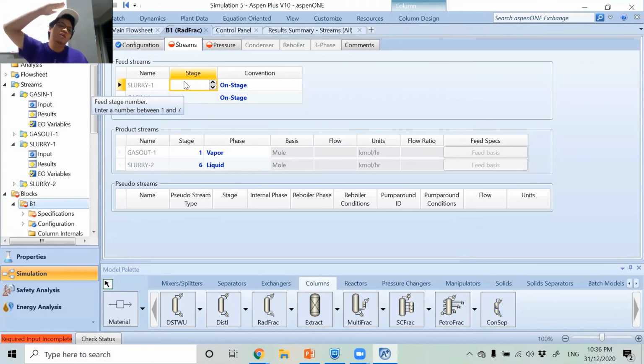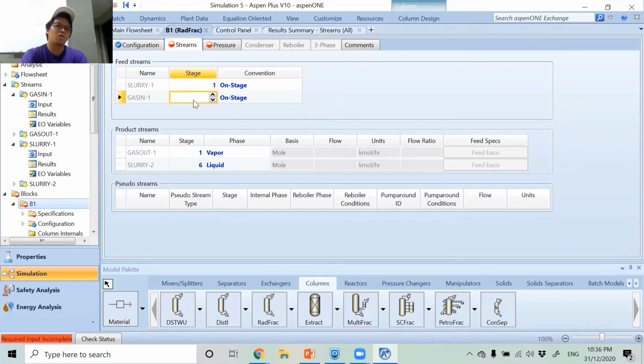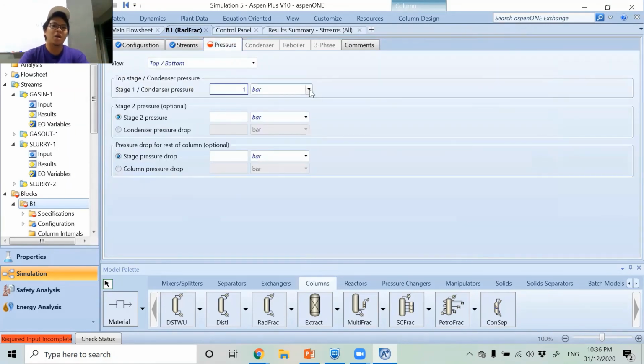So for the distillation column, the first stage is the top stage. And then for the convention, I will choose on stage. Same goes with the incoming flue gas, also on stage. But the flue gas will enter on stage 6, so the bottom of the column. Pressure is 1 bar. I will assume no pressure drop.